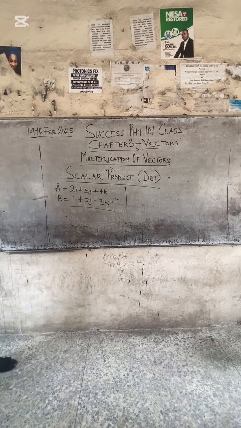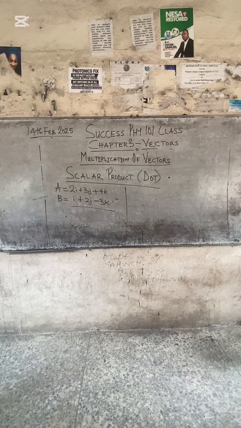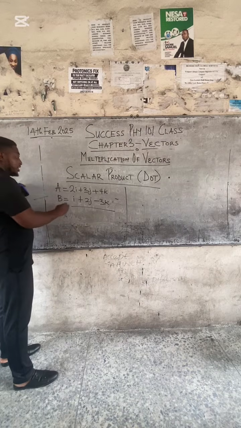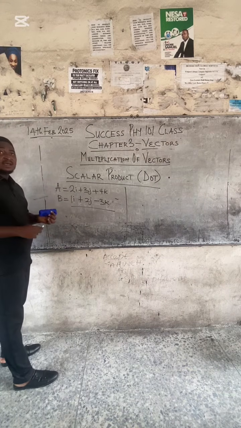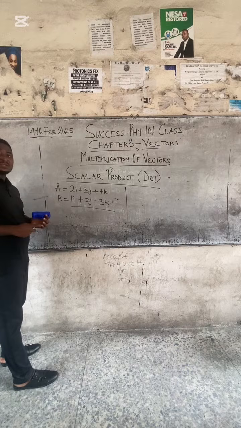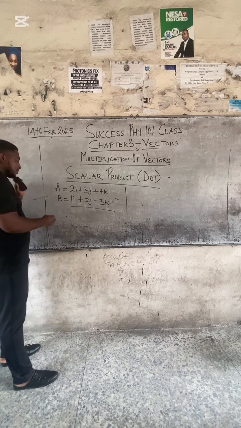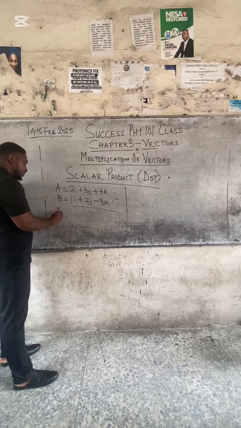Remember that I is 1I, right? I plus 2J minus 3K. Class, we have to find A dot B.